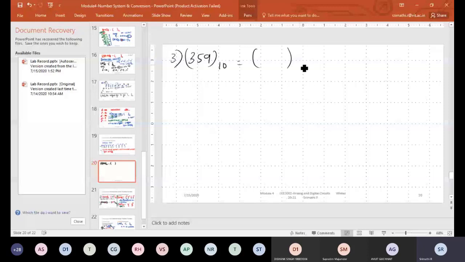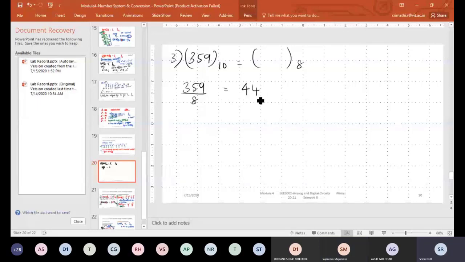359 divided by 8. So what is the quotient and the remainder? Guys, 359 divided by 8, what is the quotient? 44 point.